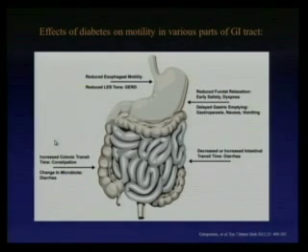You can have poor fundic contraction causing early satiety, and then also poor motility in the stomach resulting in the gastroparesis that we're all familiar with, and its associated nausea and vomiting. You can have increased or decreased transit time in the small intestine or large intestine, as well as an alteration in the microbiota of the small intestine, resulting in small intestinal bacterial overgrowth and diarrhea.